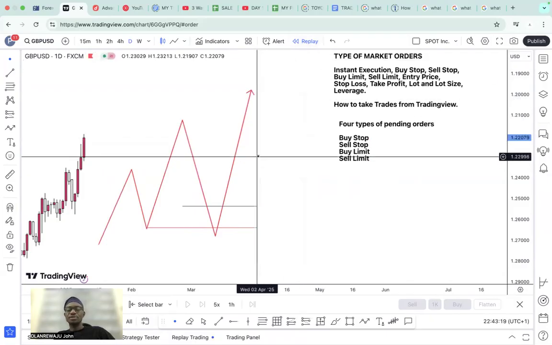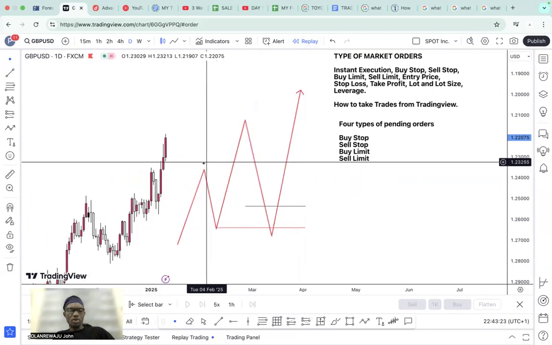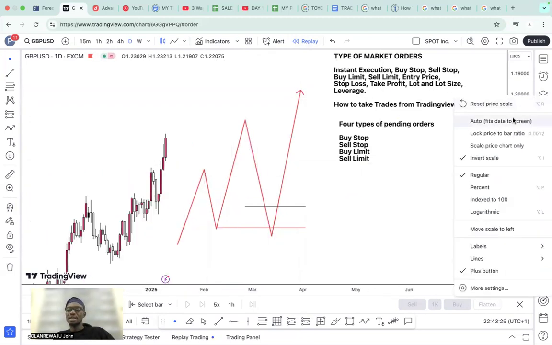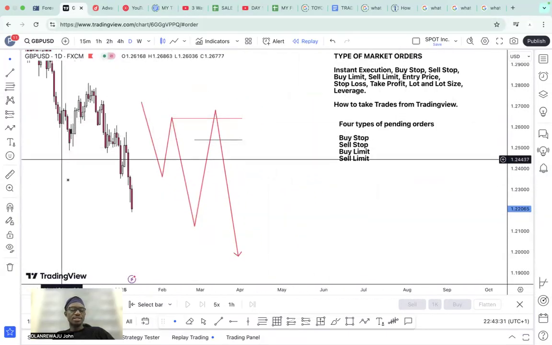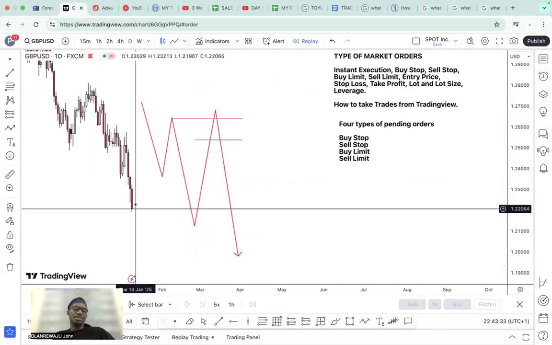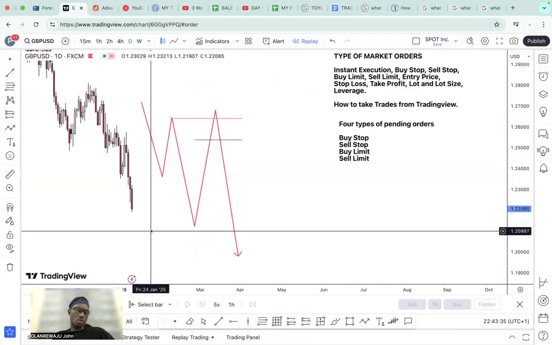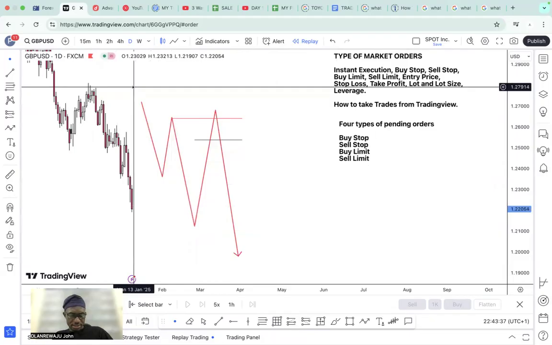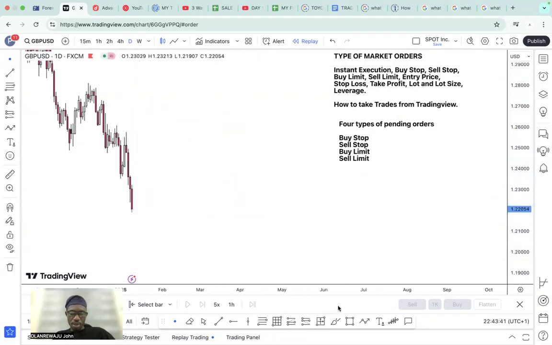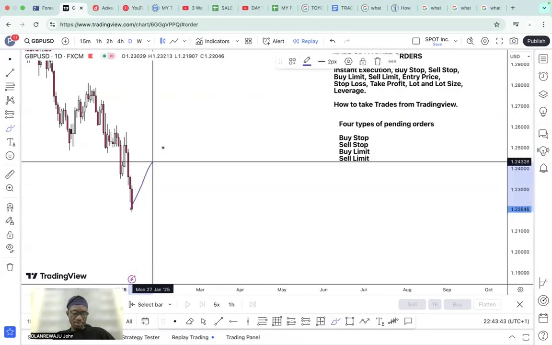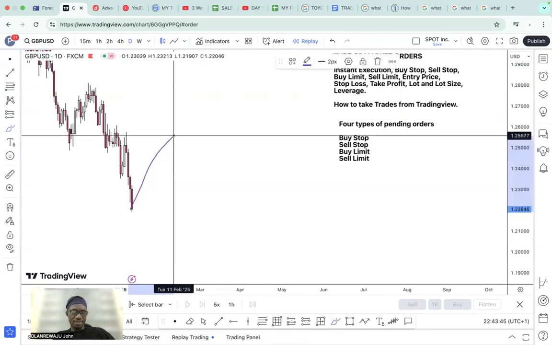What is take profit? The same way a trade can end in a loss, a trade can also end, and should end, in profits. Meaning, this is a downtrend market. I'm expecting the market to come this way and then go down. So first of all, when the market comes back up, fill my pending order for a sell.